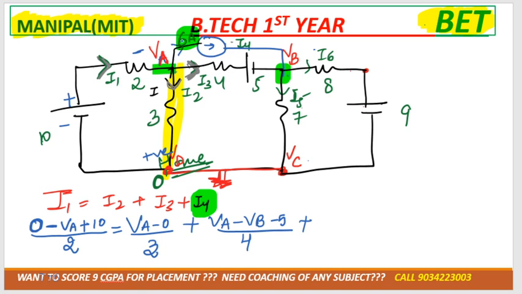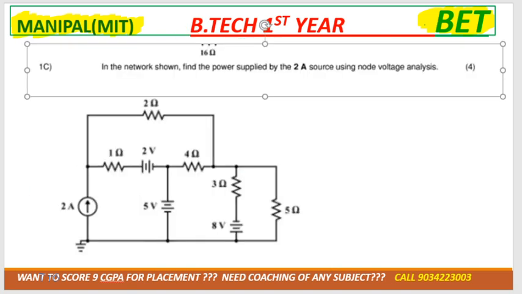If direction is opposite, then it would be negative. So we say that I4 is directly equal to 6 ampere? Yes or no? So I4 we can say is directly equal to 6 ampere. So this is the equation. Now next make the equation for node VB.